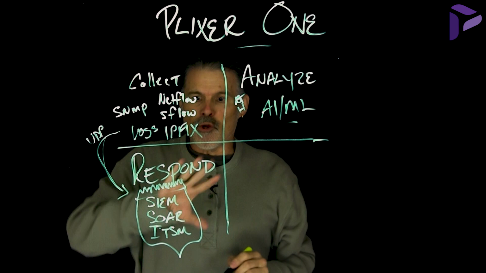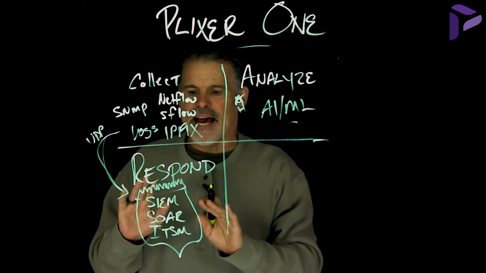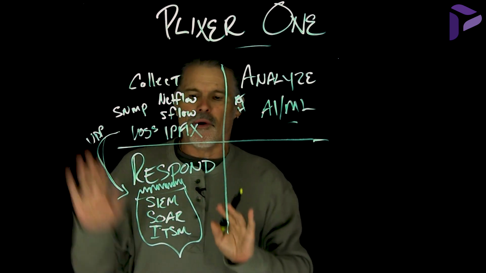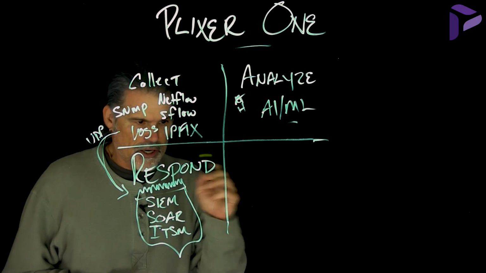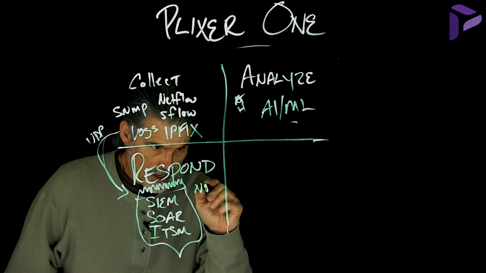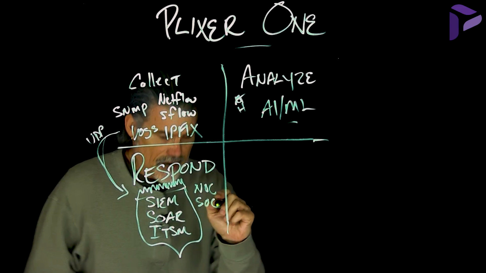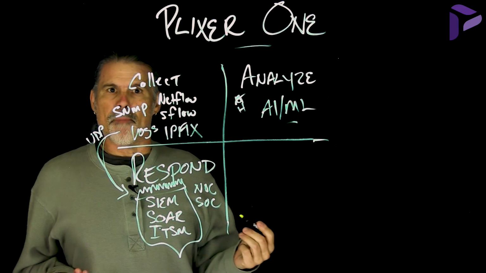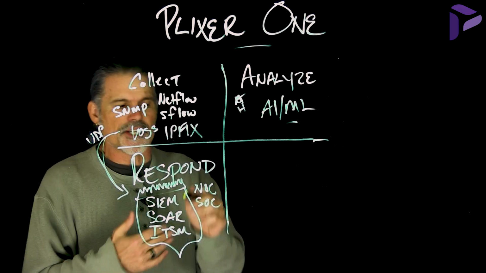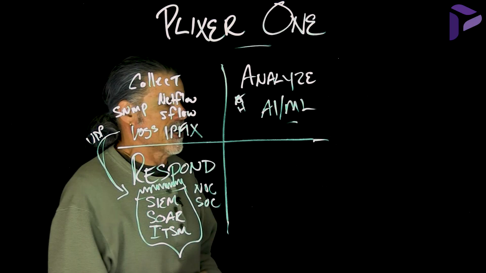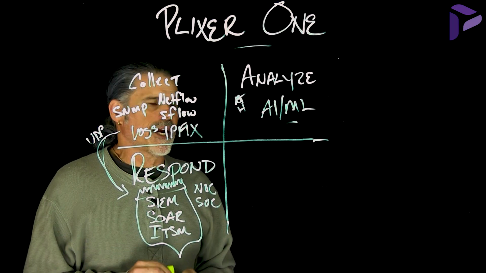So if you need it passed on to other devices, that's what you would do in this spot. And so this is also all about NOC, SOC, so workbooks or workflows and playbooks, things like that would be here in the respond area.